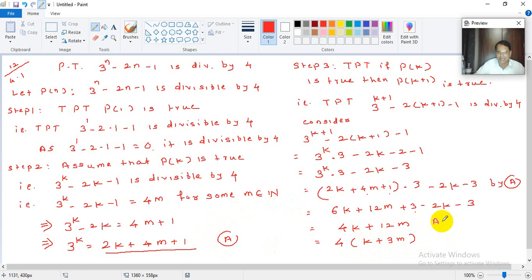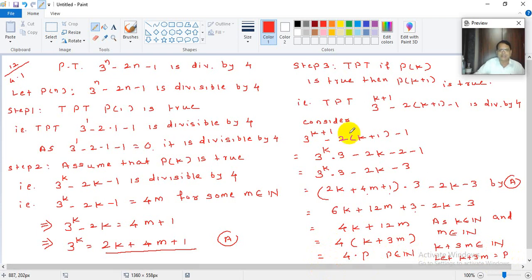So we can say here as k belongs to N and m belongs to N, दोन्ही नॅचरल नंबर असल्यामुळे त्यांच्यामधून जे k plus 3m ही क्वांटिटी तयार झाली, k plus 3m also belongs to N, let it be p. Let k plus 3m is equal to p. म्हणजे p हा नॅचरल नंबर झाला. सो आय कॅन राईट दिस ॲज 4 इंटू p वेअर p बिलॉंग्स टू नॅचरल नंबर.